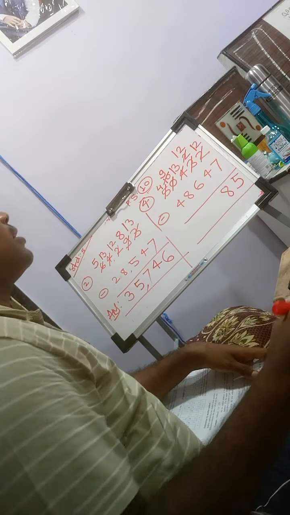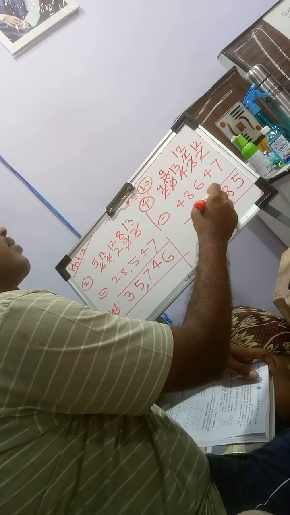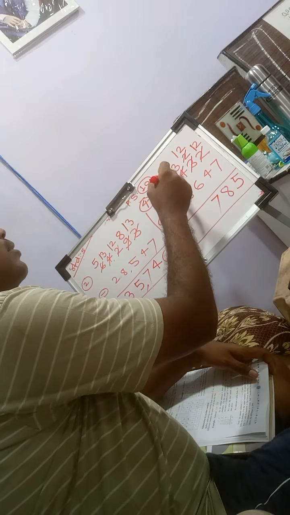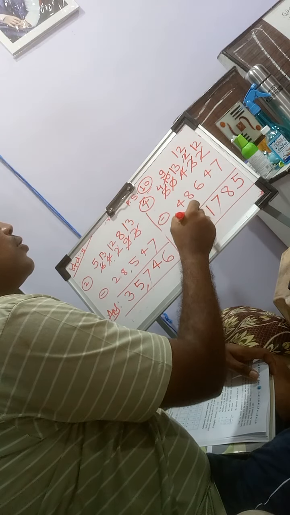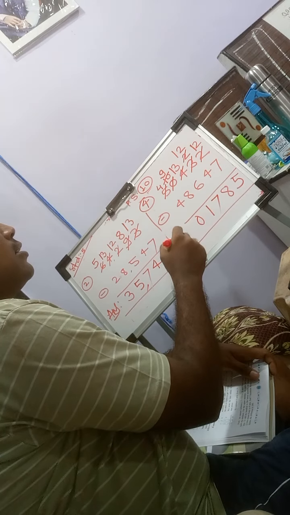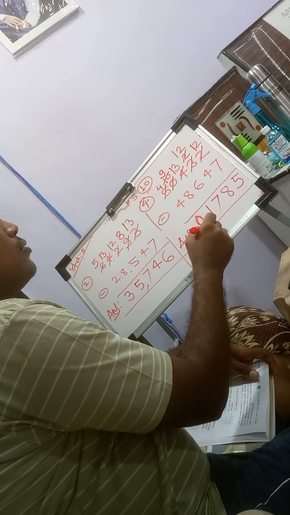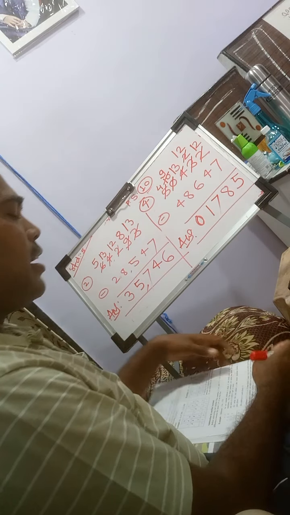So 3 will become 13. So 13 minus 6, 7 answer will come. Now again 9 minus 8, 1 will come and 4 minus 4, 0 will come. So answer is 0. You don't consider this 0. The answer is simply 1785.